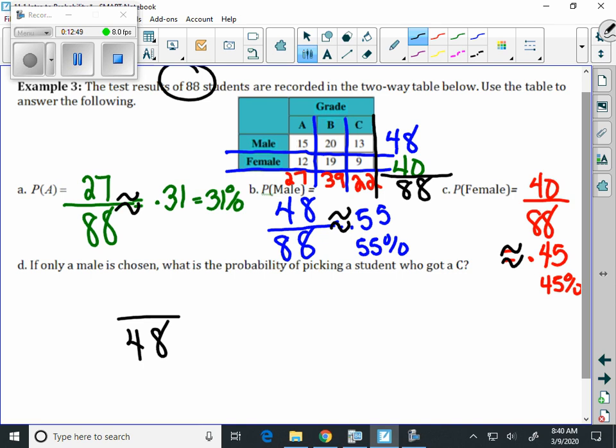Then the question says, what is the probability of picking a student who got a C? We come over to our C column. You're only looking at the males now. There are 13 males who ended up with a C out of a total of 48. If we type that into our calculator, we get approximately 0.48, which is 48%.